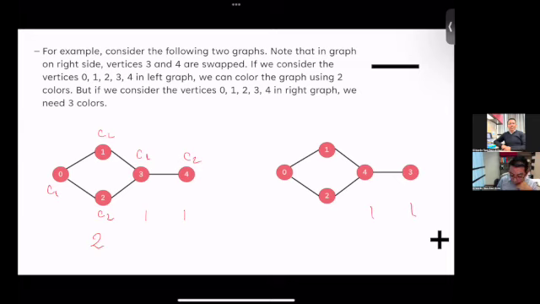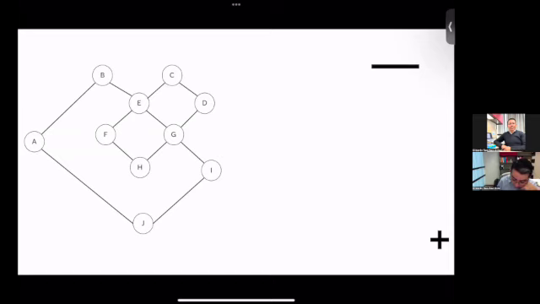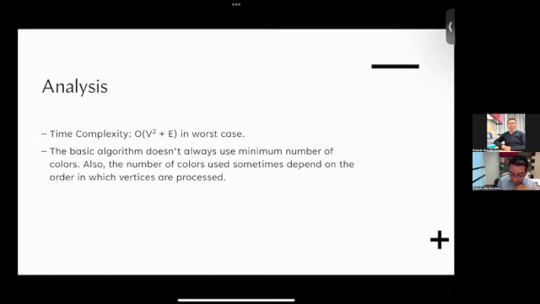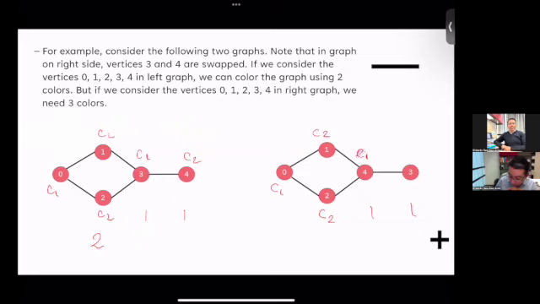What about this one? Color 1, color 2, color 2, color 1, and then, I'm sorry, I made a mistake because we are considering the order. So after assigning for number 2, we go to number 3, and number 3 can use color 1.